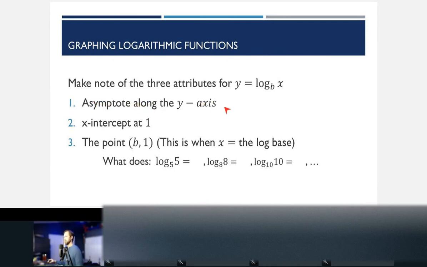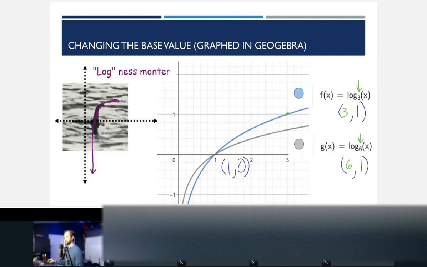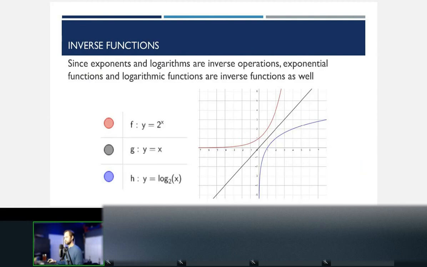It's not actually on the y-axis. Little typo here. X-intercept is always at 1, so 1 comma 0, and then another important point, like Enzo said in chat, is at b comma 1, and b being the base of your log. But going back to this, so we're going to use that.